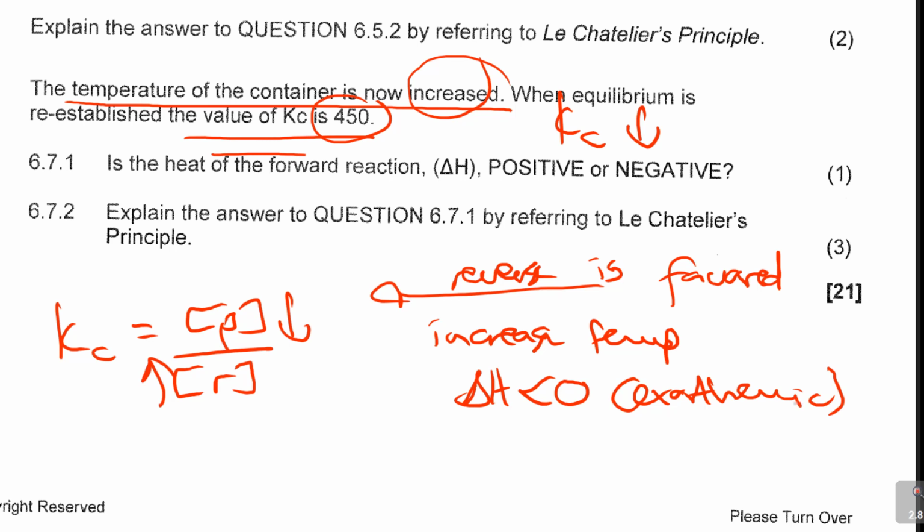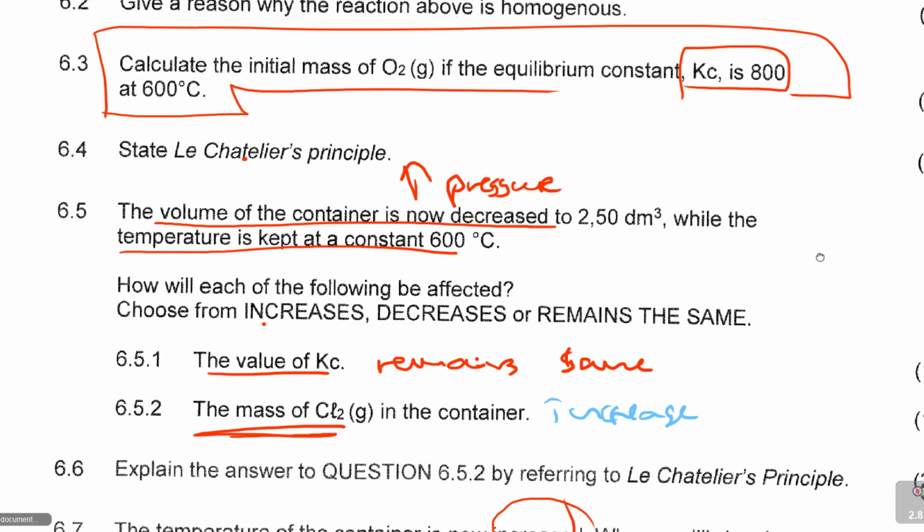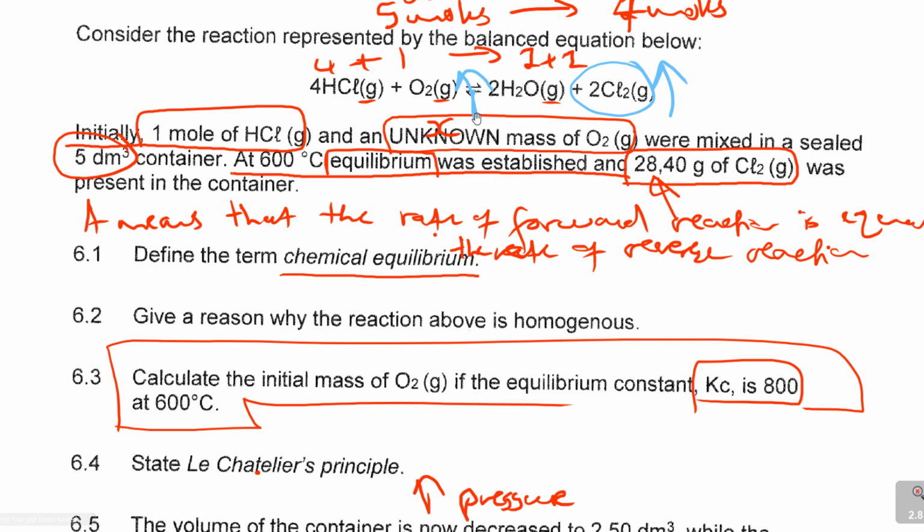Exo means this reaction was already releasing heat on its own. Delta H is less than 0 according to what they are telling us. So if it is releasing heat and you add temperature, this reaction will go back, and when it goes back, Kc will also go down.